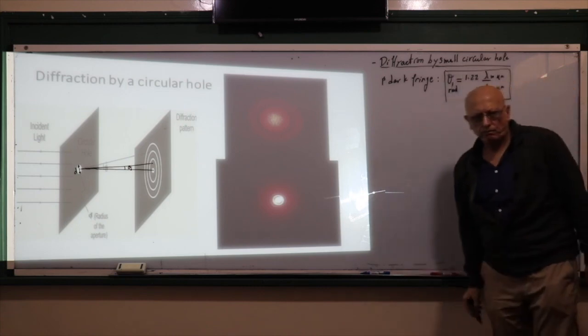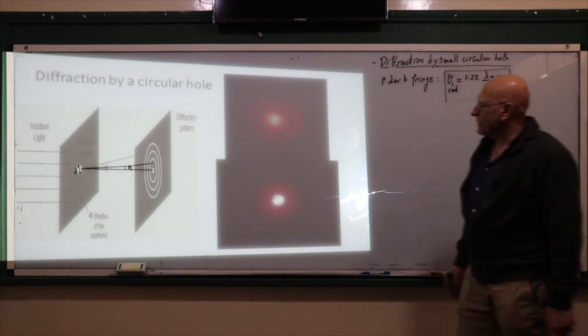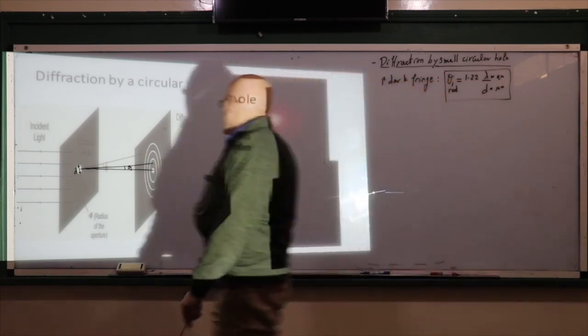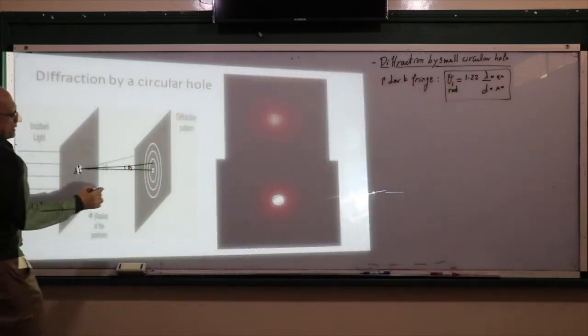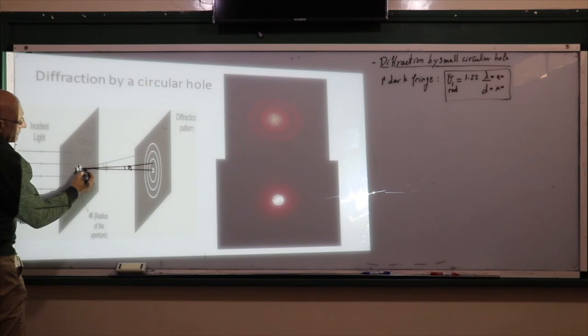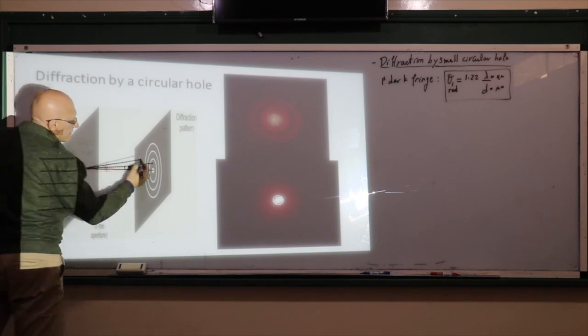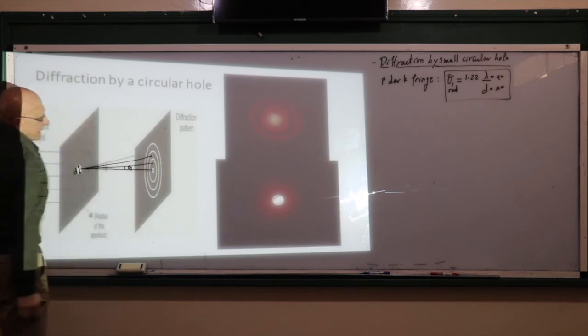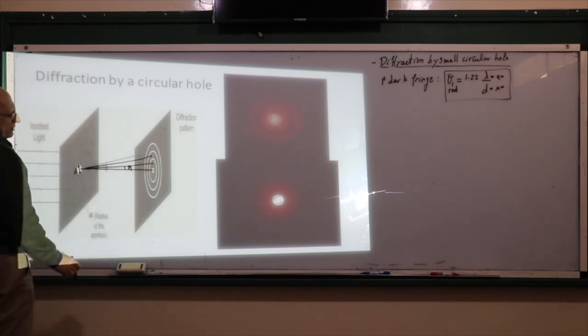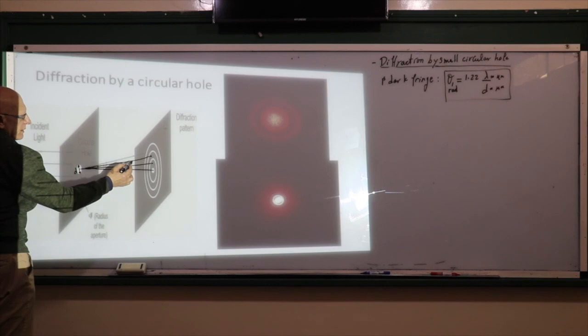The second dark fringe is determined by drawing a line from the hole to the center of the second dark fringe, and this will be theta 2.